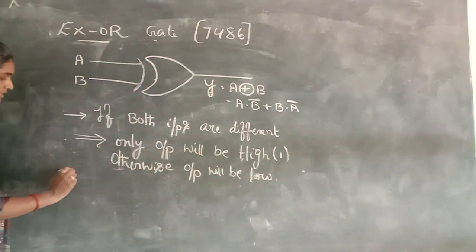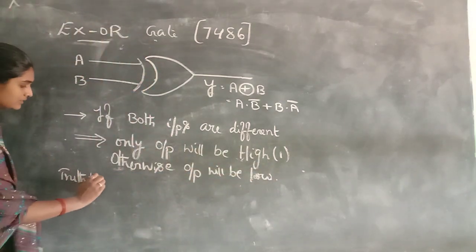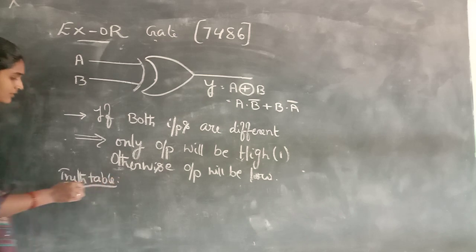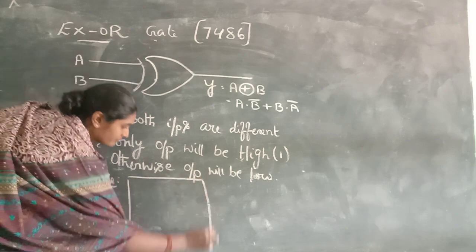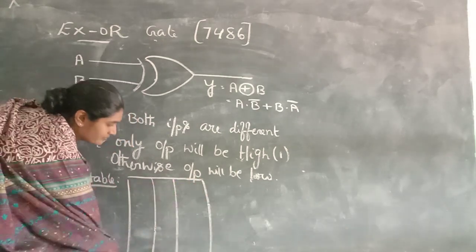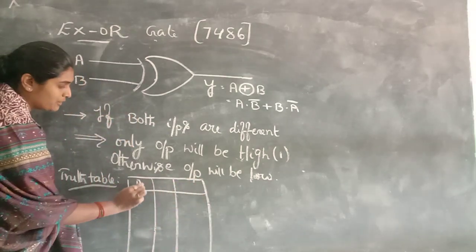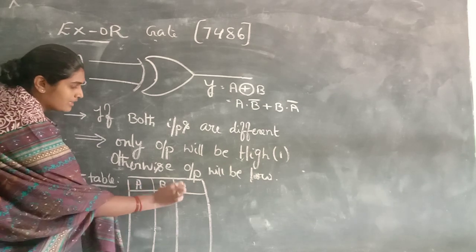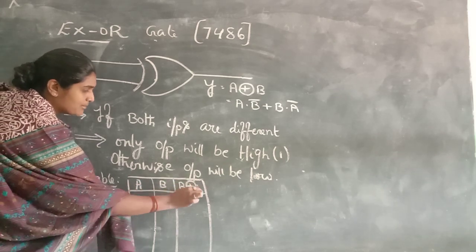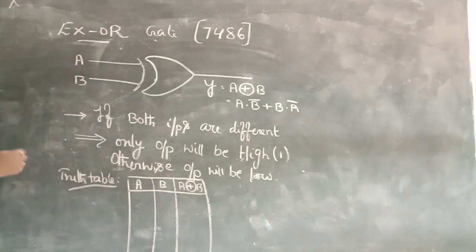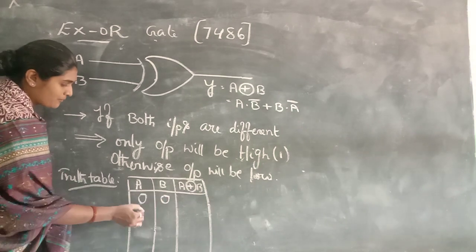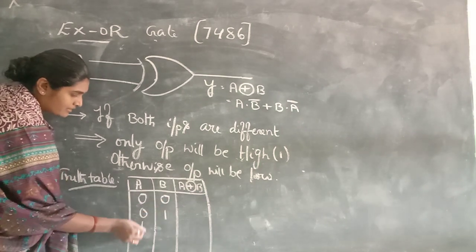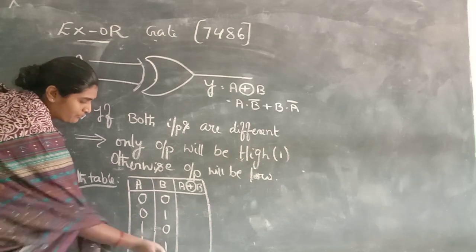Next, coming to the truth table of the XOR gate. It consists of two inputs A, B, and the logic is represented by the symbol A XOR B. Here it has two inputs, so there are 4 possibilities: 0 0, 0 1, 1 0, 1 1.